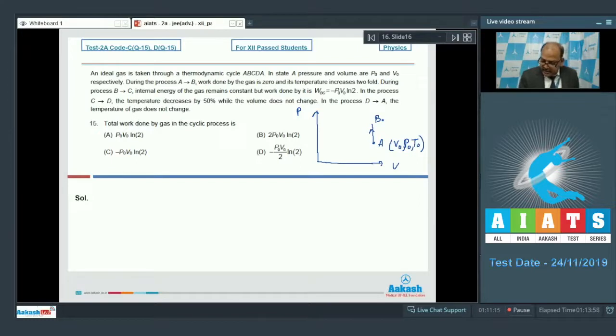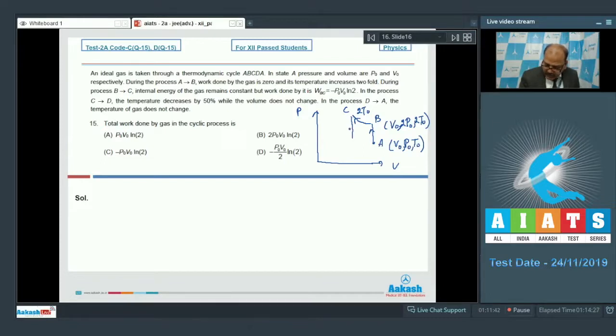The temperature has become double. It's an isochoric process, so here we have V0, pressure has become doubled, and so has the temperature. B to C is isothermal compression, so we know the temperature here is also 2T0, and other things we don't yet have.